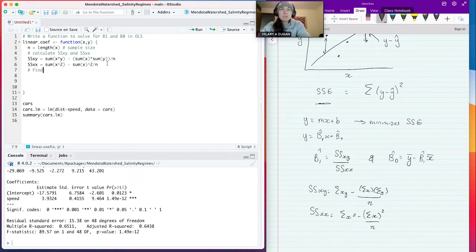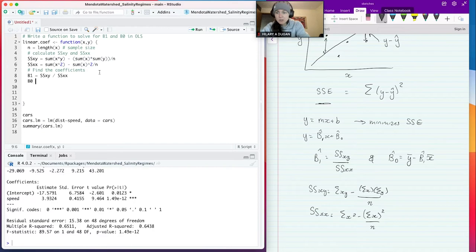We then can find the actual coefficients, b1 and b0, where say B1 is SSXY divided by SSXX. B0 is, let's see, the mean of y minus B1 times the mean of x.